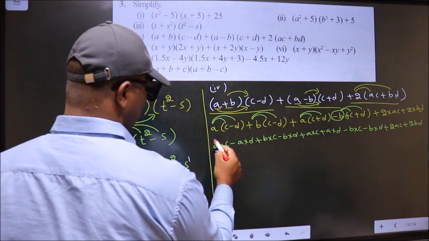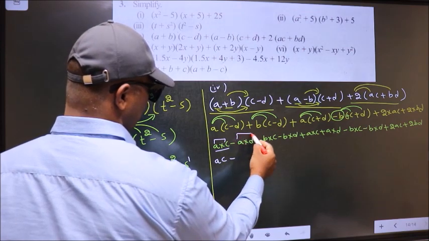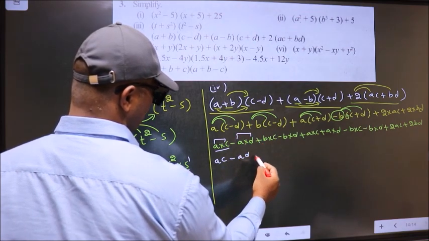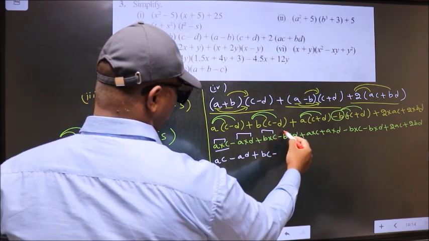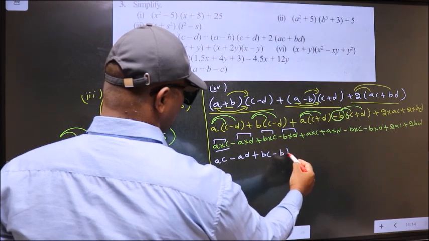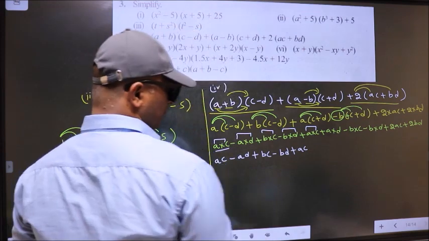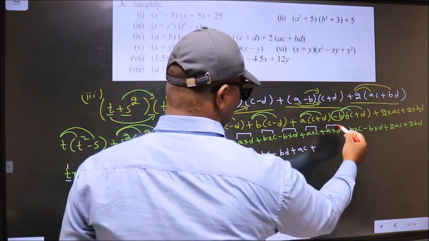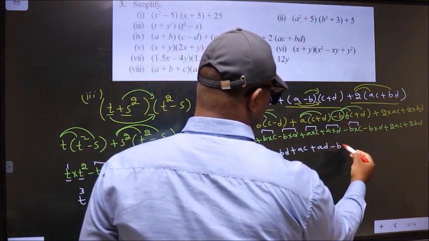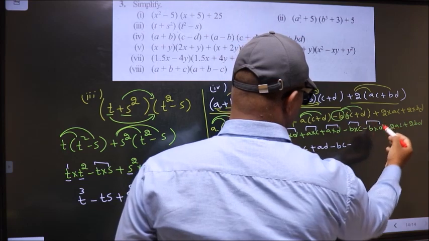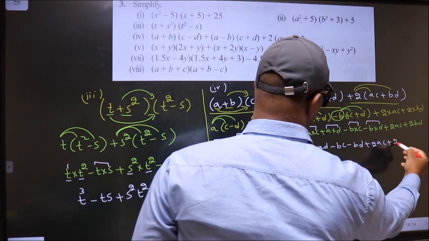Now here these two letters are different, so you will get AC, minus these two letters are different, so it is AD, plus these two are different, so BC, minus these two letters are different, so BD, plus these two letters are different, AC, plus these two letters are different, AD, minus these two letters are different BC minus these two letters are different BD plus 2AC plus 2BD.